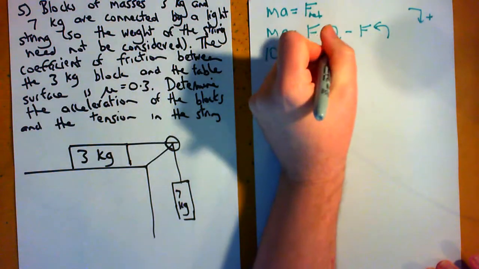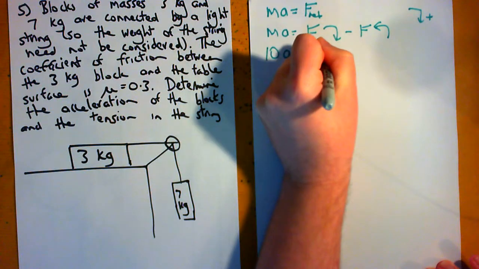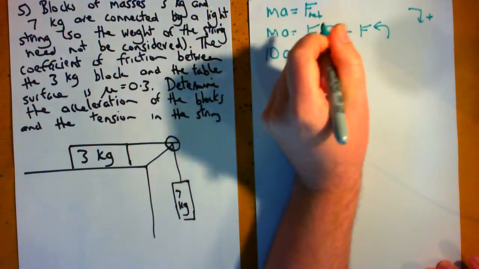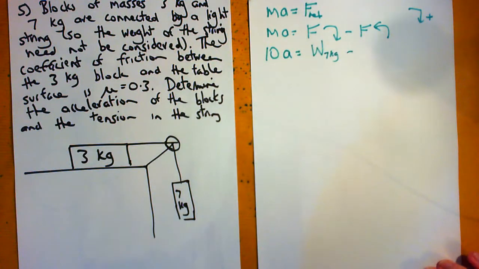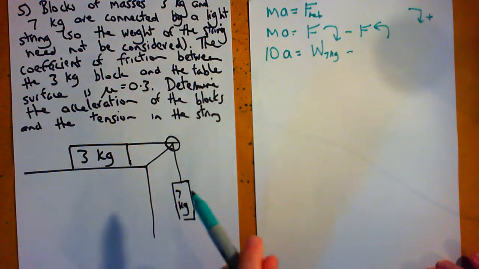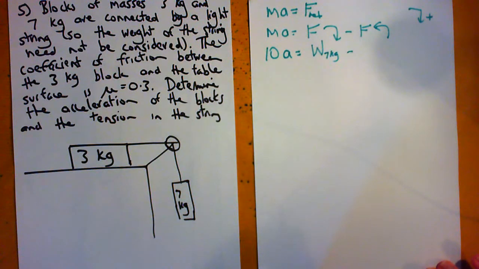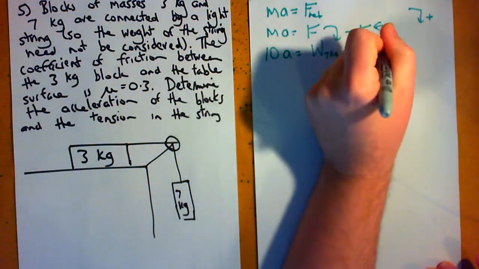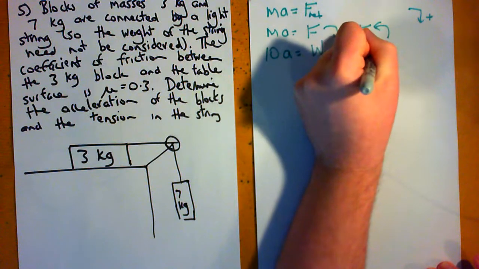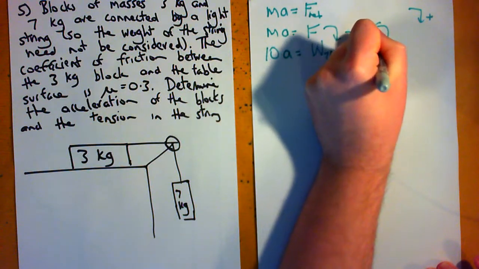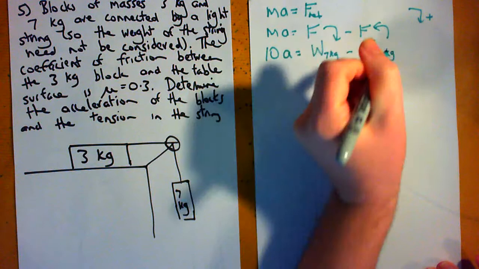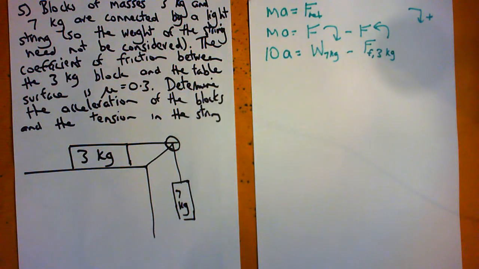That would be the weight of the 7 kilogram mass, minus the force pulling back, which would be the friction between the 3 kilogram mass and the table surface. So that'll be the force due to friction of the 3 kilogram mass. Note that there is no friction due to the 7 kilogram mass because it is not rubbing against anything.